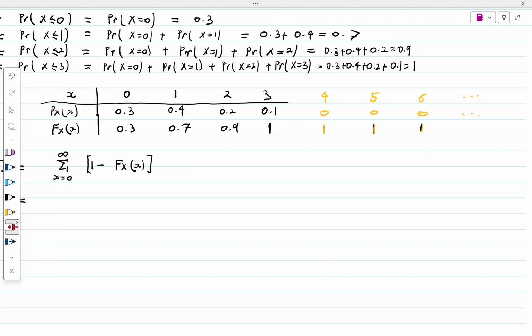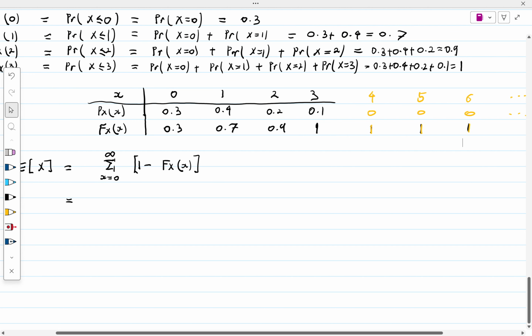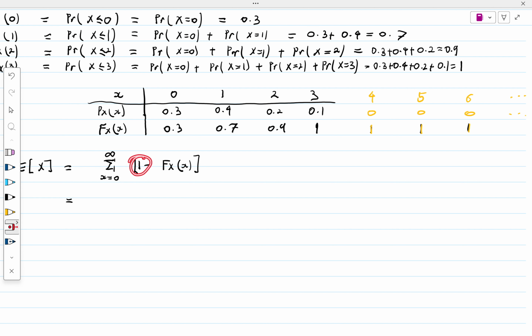What does this mean? Well, for all the cases where x is greater than 3, 1 minus the cumulative distribution function, 1 minus 1, is simply 0. And so I don't need to worry about those cases.